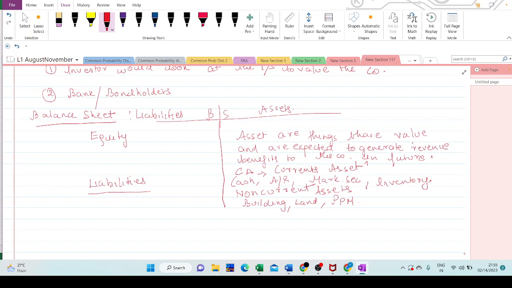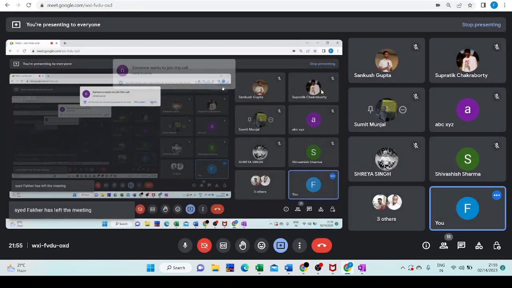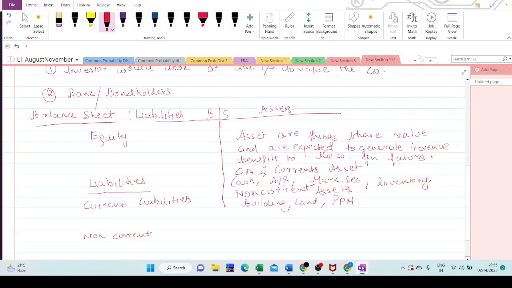Now, your liabilities can also be bifurcated into current liabilities and non-current liabilities. Liabilities can be classified into current and non-current.